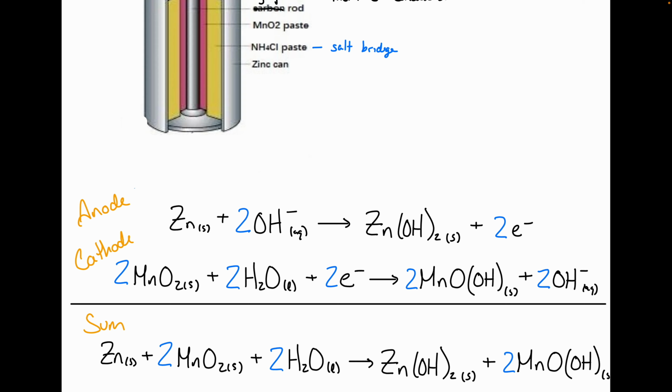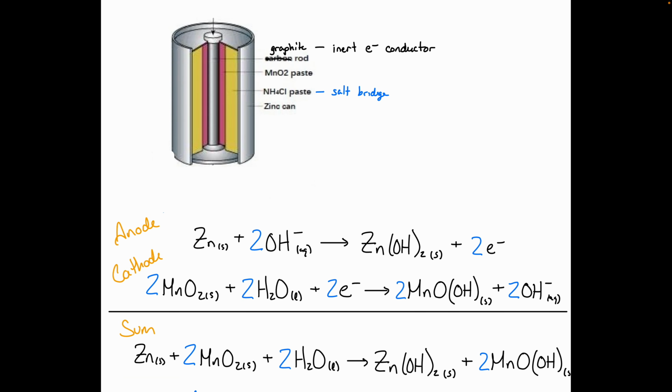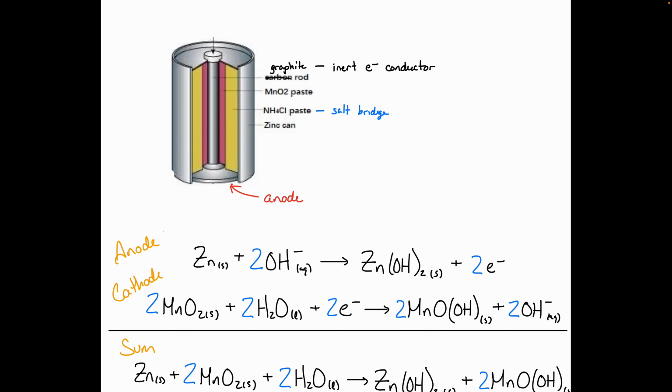So then in our battery here, if this bottom plate is our cathode, oh, nope, sorry. The bottom plate is the zinc. That's our anode. And that manganese oxide, with the help of that graphite rod, is our cathode.